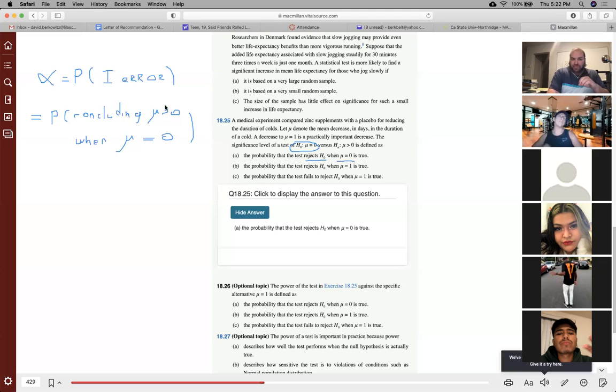Rejecting the null hypothesis, in this case, concluding mu is greater than 0, when the null hypothesis is actually true, when mu is really equal to 0. Well, that's exactly what A says. The probability that the test rejects the null hypothesis when the null hypothesis is true. Number 26 is a follow-up. A, B, or C for 26.